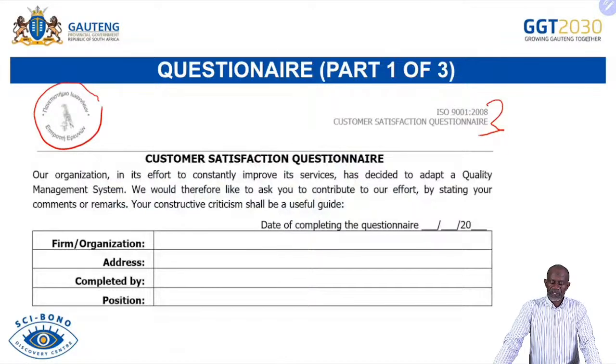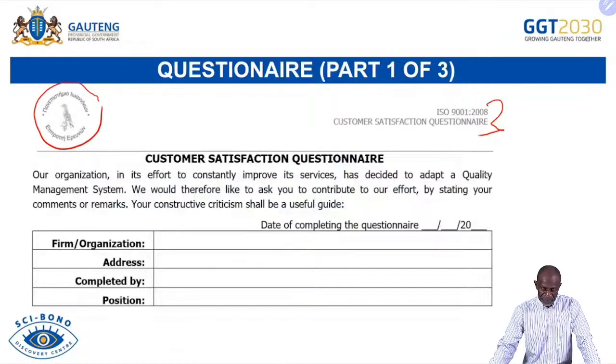Your constructive criticism should be a useful guide. I have alluded to the firm, the name of the organization, the address, and though not compulsory, you'll indicate your name as a customer or as a respondent and the position.